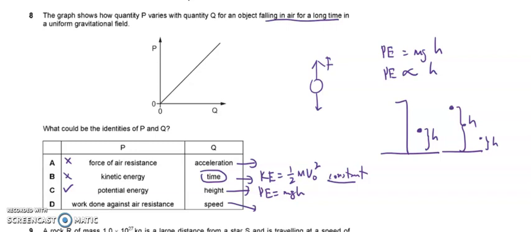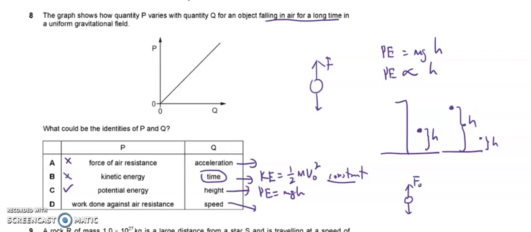Work done against air resistance. So we also think of this when the particle has reached the terminal velocity. Let's say the particle at terminal velocity continues to fall down, and this has reached the maximum friction. We call it F naught.